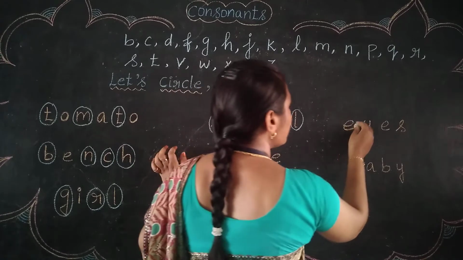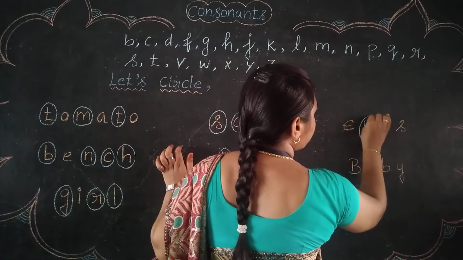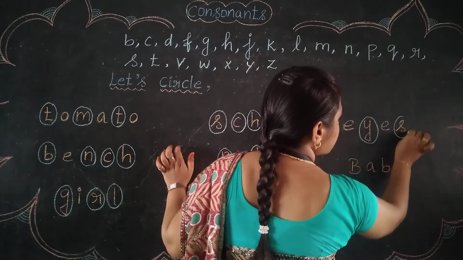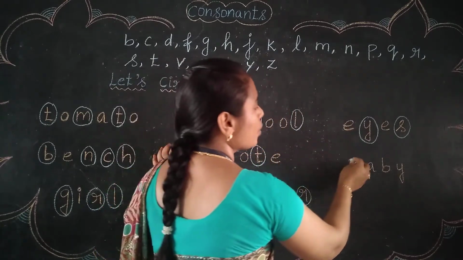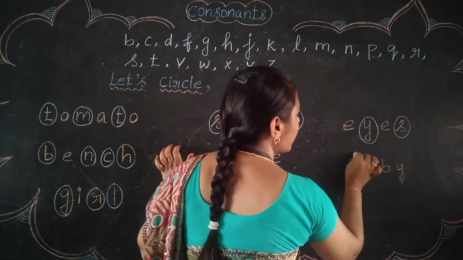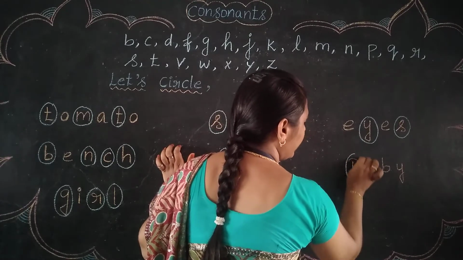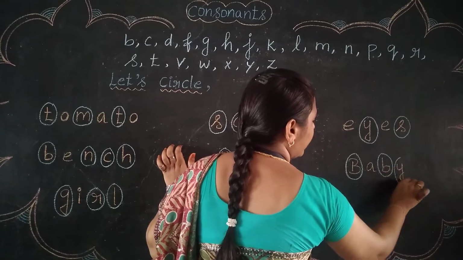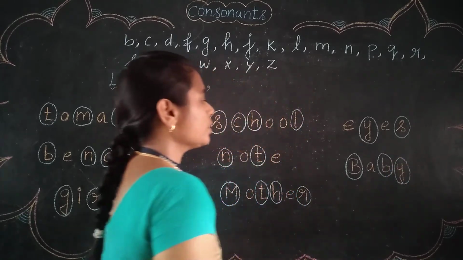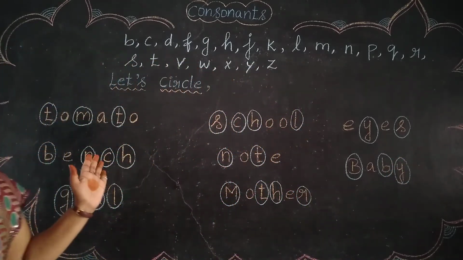Next, come to this word: Y. The E is a vowel letter, so leave that. Next, baby: B, B, Y. So these are all the consonant letters in these words.